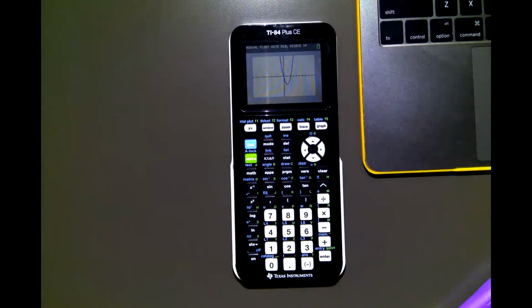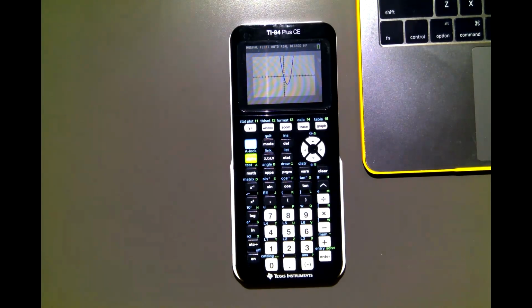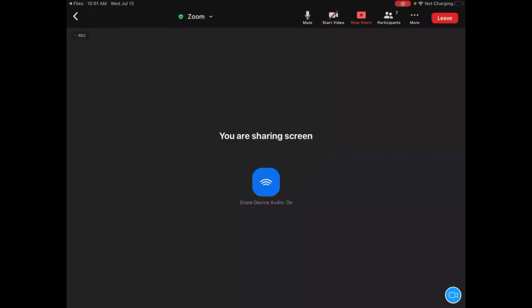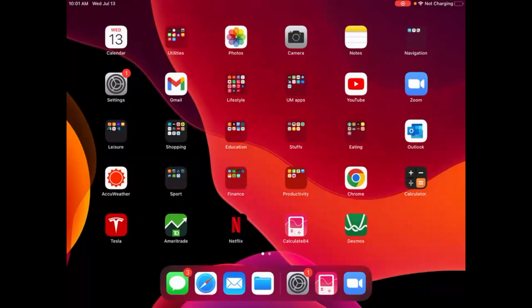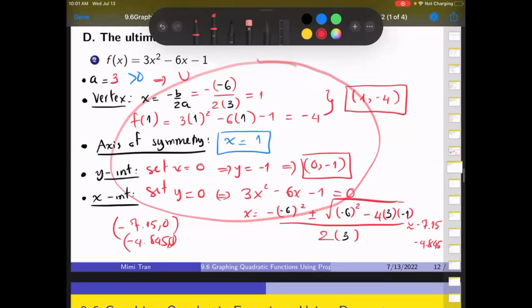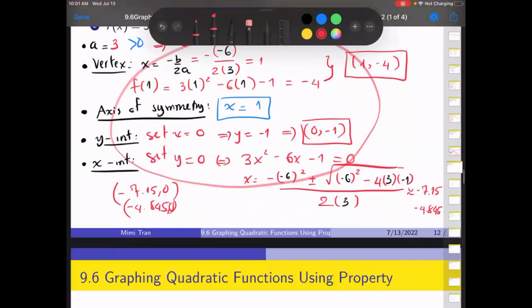Now, this is what I don't want to see. On the exam, people got this wrong, and somehow they got the correct graph.